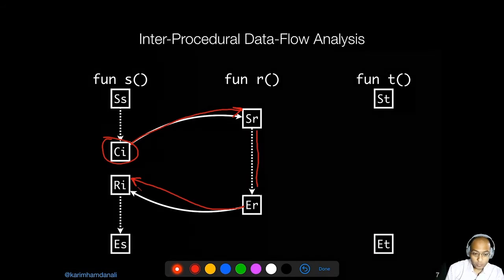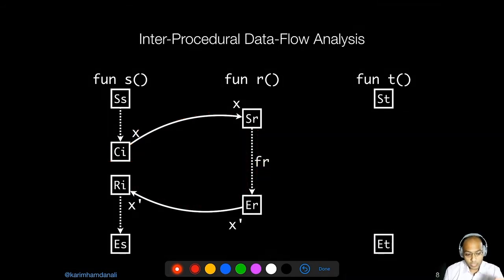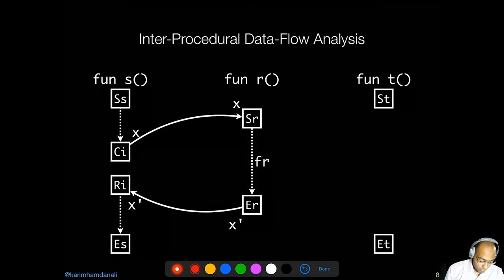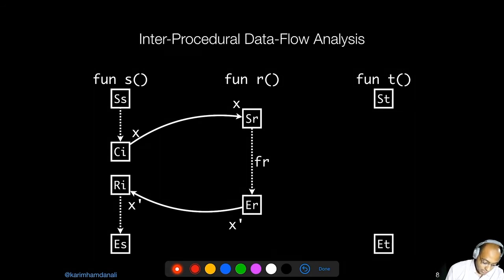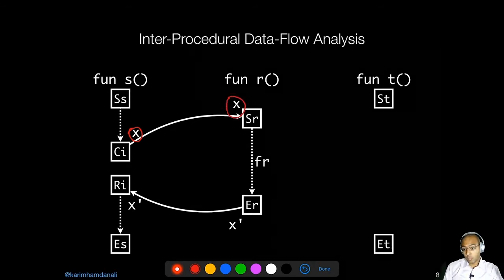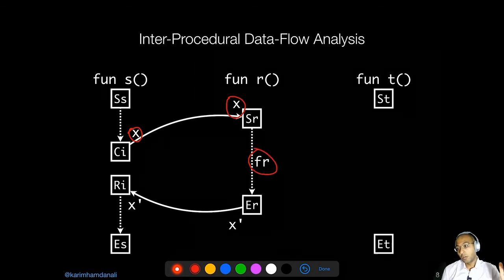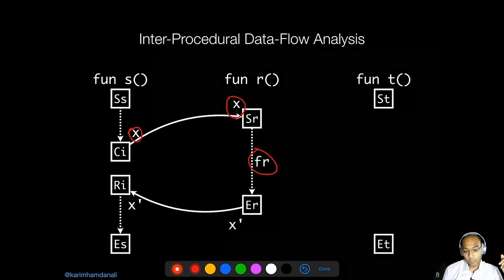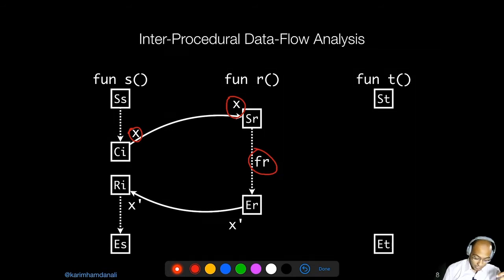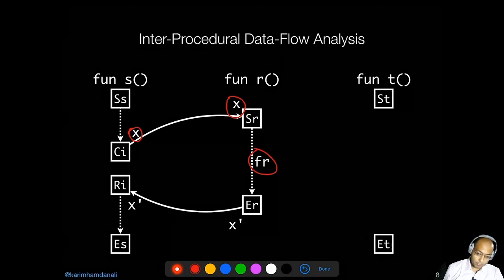Along those edges, here I'm going to pass x as a parameter, so it's going here as x. Then we have the function that represents R. Remember, in the monotone framework, the function composition of all the flow functions along the paths of that method would be our method summary, and it is going to be applied to x.